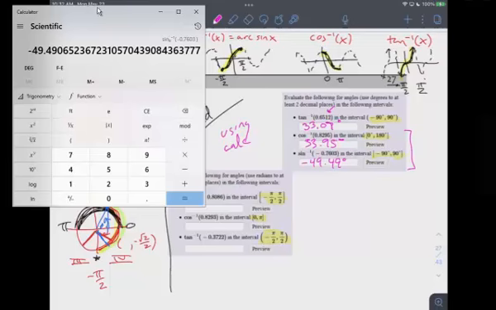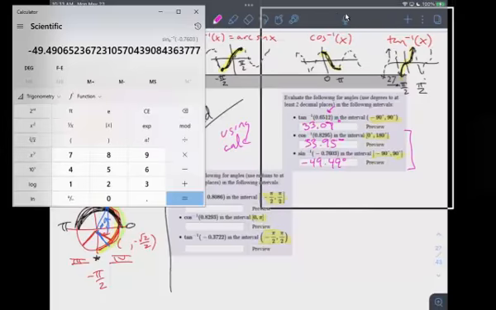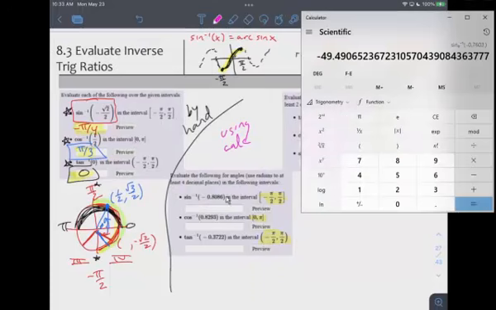Okay, I want you to try the same thing, but in terms of radians, answering these three questions here. So do make sure you change your calculator to radian mode.